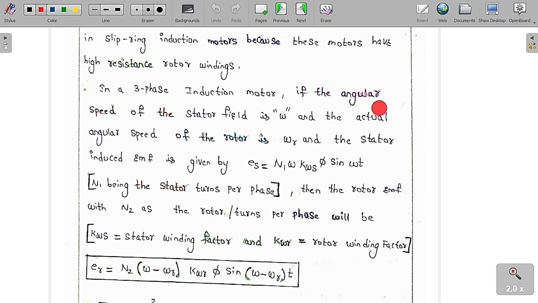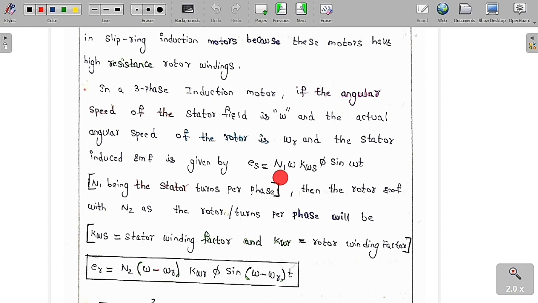In a three-phase induction motor, if the angular speed of the stator field is omega and the actual angular speed of the rotor is omega r, and the stator induced EMF is given by Es equal to N1 into omega into kWs into phi into sin omega t, where N1 is the stator turns per phase, then the rotor EMF with N2 as the rotor turns per phase, where kWs is the stator winding factor and kWr is the rotor winding factor, is ER equal to N2 into (omega minus omega r) into kWr into phi into sin of (omega minus omega r) into t.